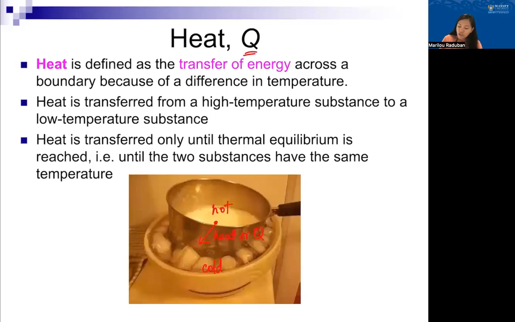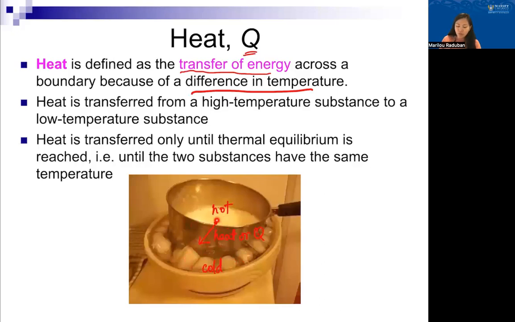Heat is transferred from the hot pot, from the hot object to the cold object. And so heat is defined as the transfer of energy because of a difference in temperature. And we know that eventually the hot pot will cool down and the ice will melt.